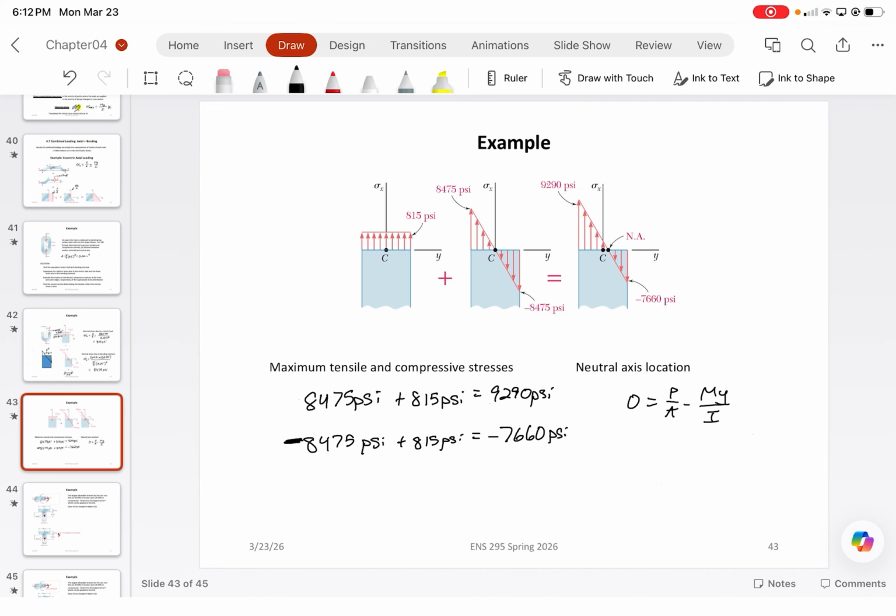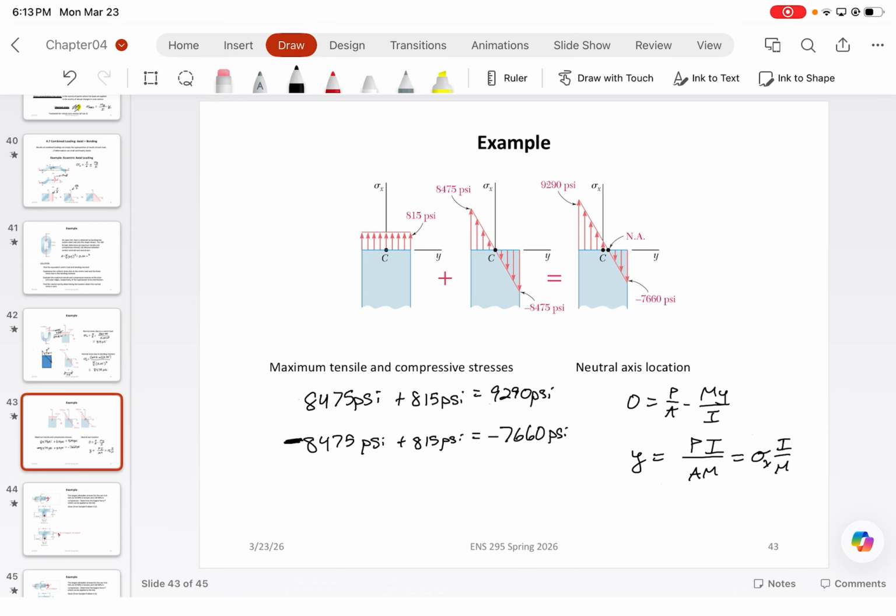So y just gets simplified into P times I over A times the moment, which just simplifies further to sigma times I over M. Now, this sigma x is just the axial stress because that's just the P over A.